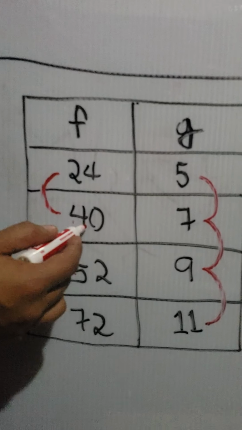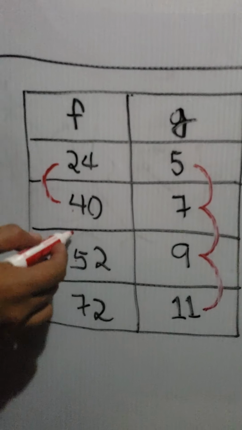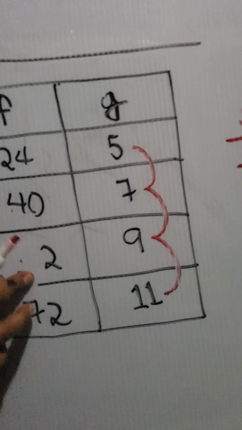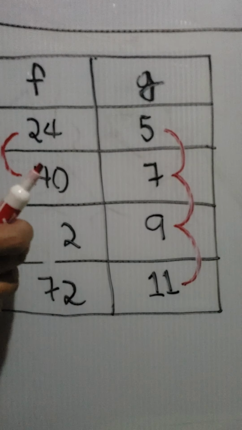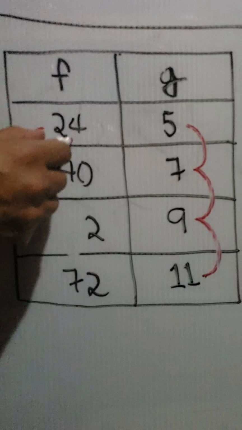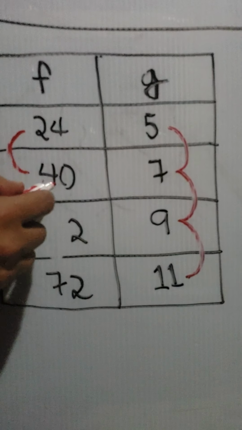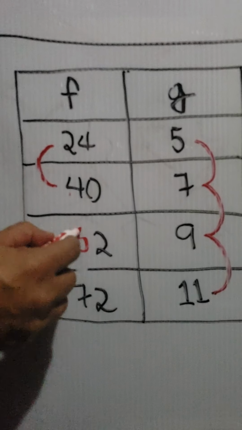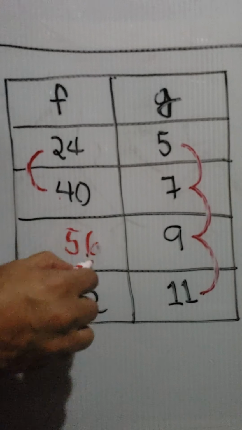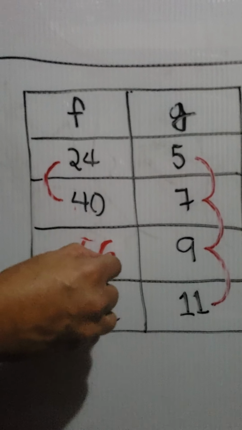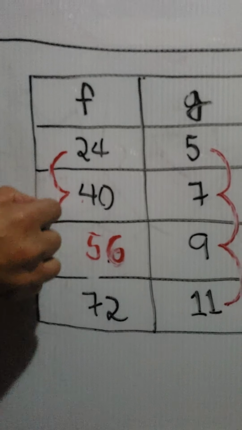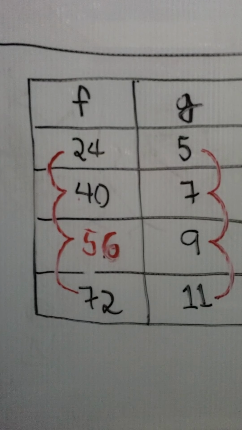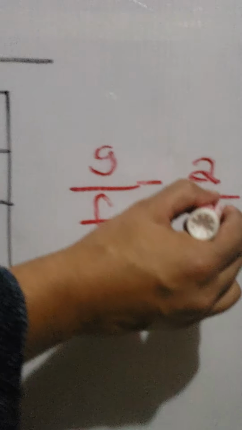It's 24 plus 16, this is 46, it should be 46, I guess. 24 plus 16, that will be 40. 40 plus 16, that will be 56. I'm sorry, that was the mistake. 56. 16 numbers. And another 16 for 72. Now the number here is 16.